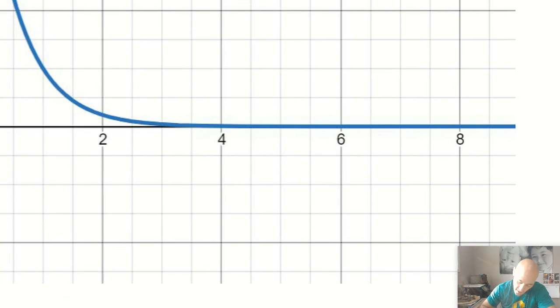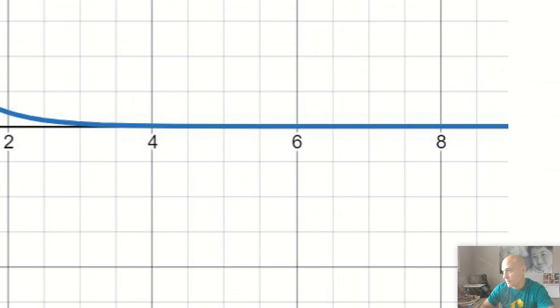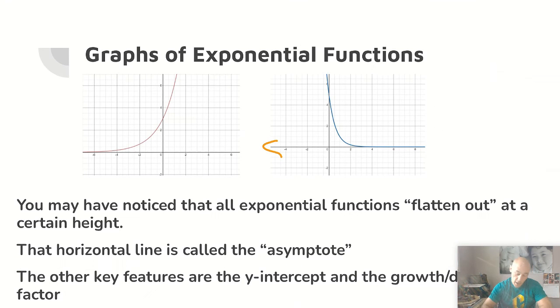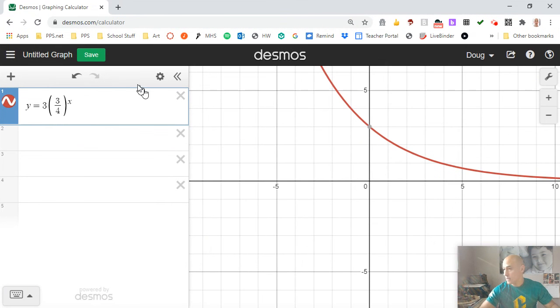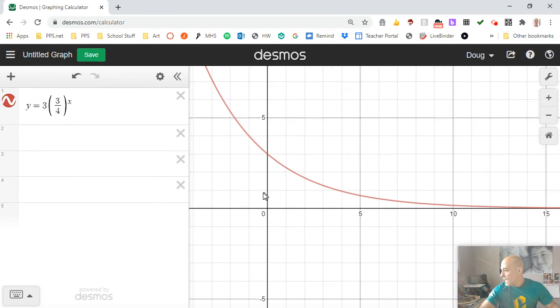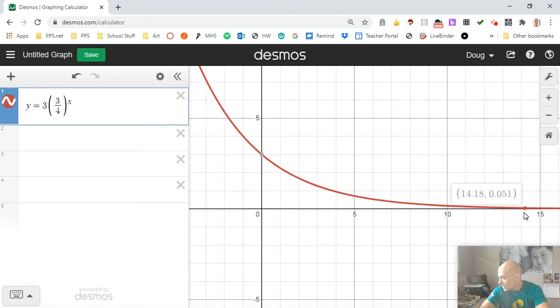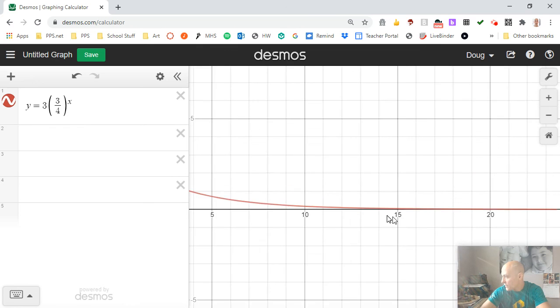And we can't zoom in that far on this program. But on the Desmos, we can a little better. So have a look. So it looks like it's at 15 here, x equals 15.